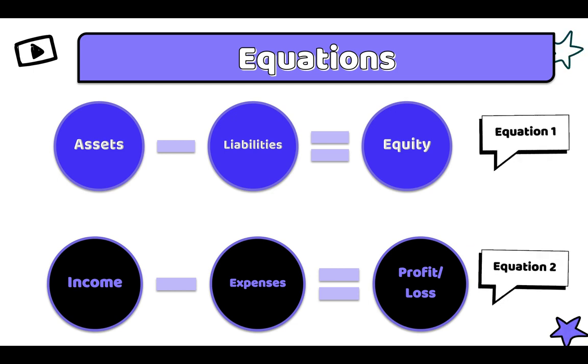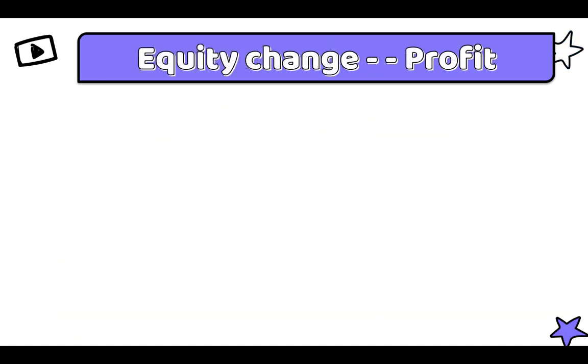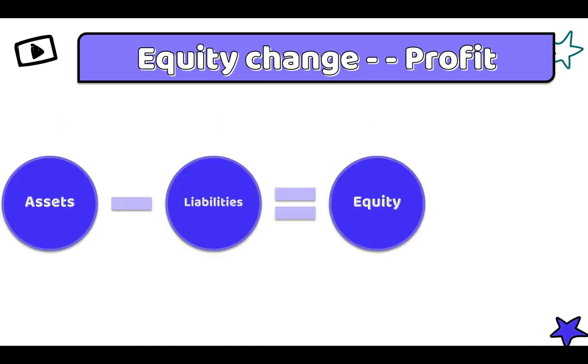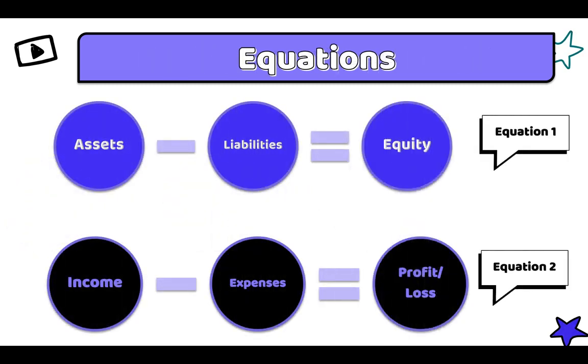On combining these two equations, we can take a look at how the equity changes over the financial period. So let's write it once more: assets minus liabilities equals equity. And we learned that equity changes as we make profits, loss, or investment by the owner is modified. So keeping that in mind, if we make a profit, then our equity should increase based on our income statement, which is shown by equation 2, that is, income minus expense equals profit.